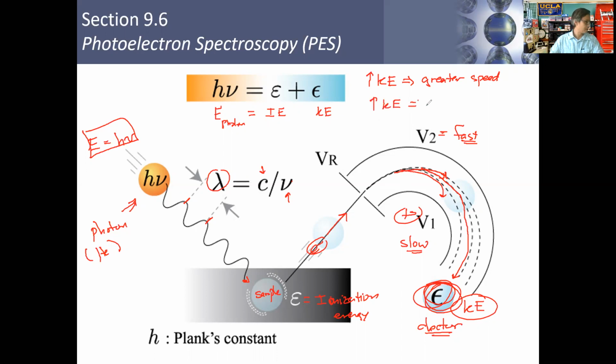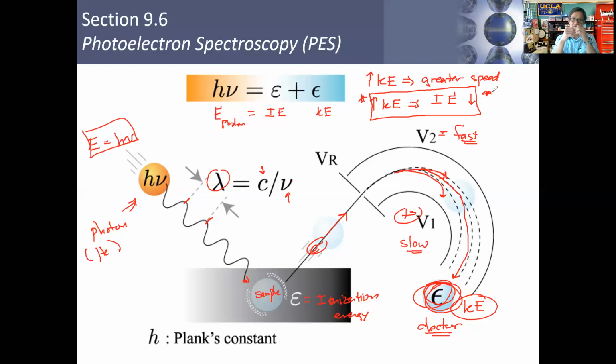If the kinetic energy is greater, they're moving at a higher speed, and you can imagine that the ionization energy is low. Low ionization energy means that the electrons are not held as tightly, and so therefore you will have a greater kinetic energy. This is the relationship you have to take advantage of: you have an inverse relationship between kinetic energy and ionization energy.